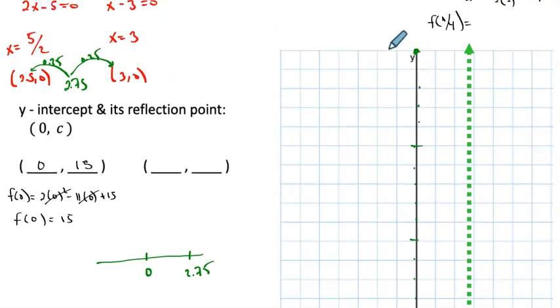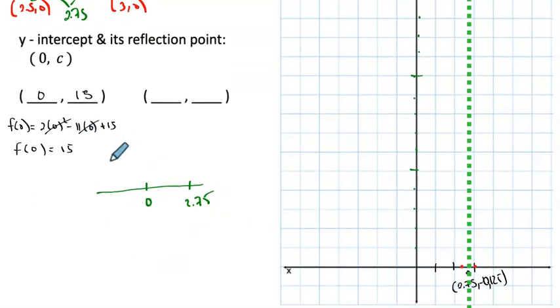So here's 15, right? (0, 15). And what I'm saying here is that this y-intercept is 2.75 units to the left of the vertex, the x value of the vertex.